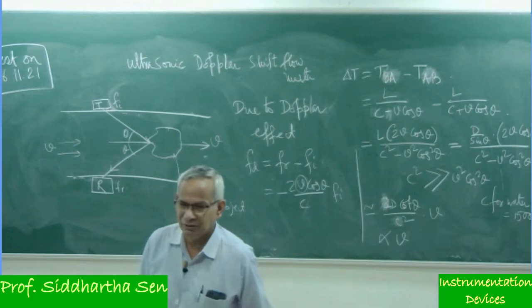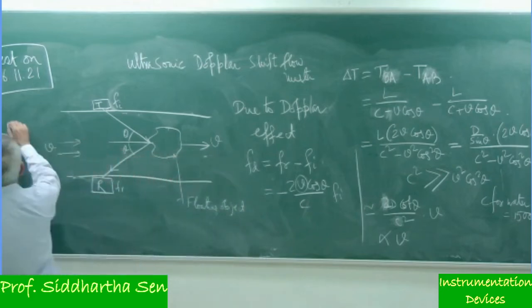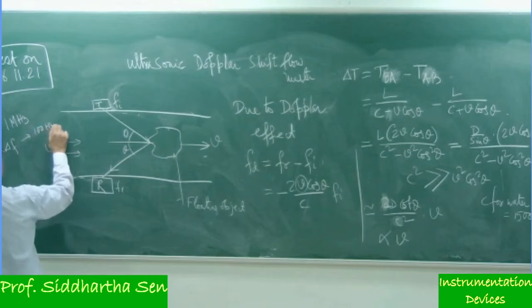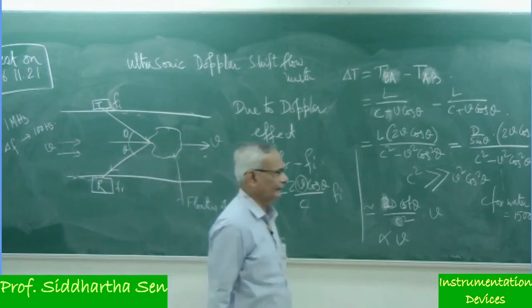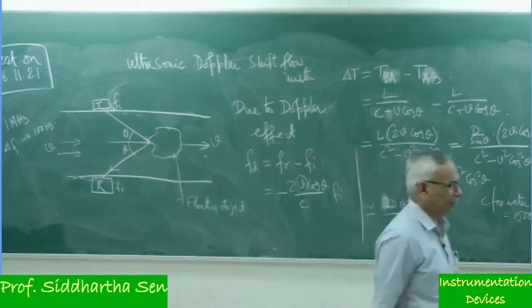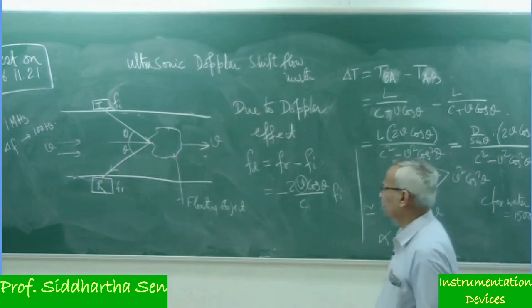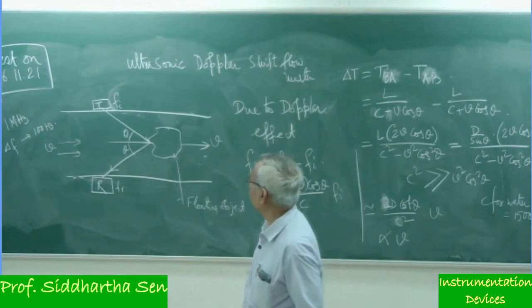It could be very difficult, because it may be a 1 megahertz signal and the difference may be in the range of 100 hertz. Even this measurement is quite difficult. So we will have to measure it very accurately, and people are doing it, and commercial Doppler type flow meters are also available.